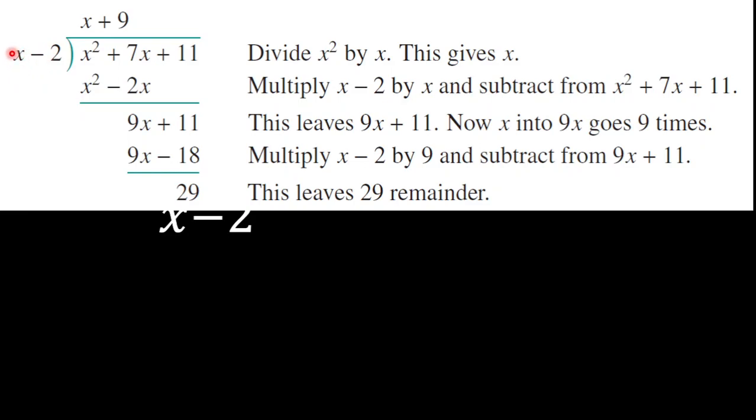We compare the start of the divisor with the leading term. It's a coefficient of 1, so we need to multiply by x, which is what we have. Or the other way around, you can divide x squared by x. That gives us the x value. Then that x, you multiply by x minus 2 and you write the answer here. Then what you need to do is subtract that from the original dividend.